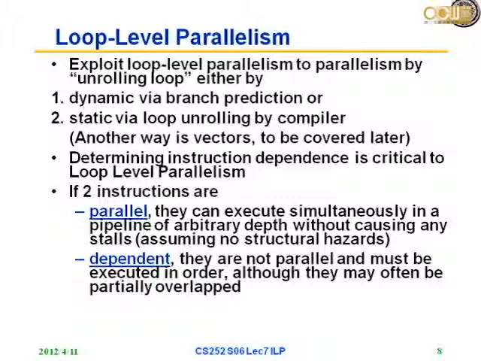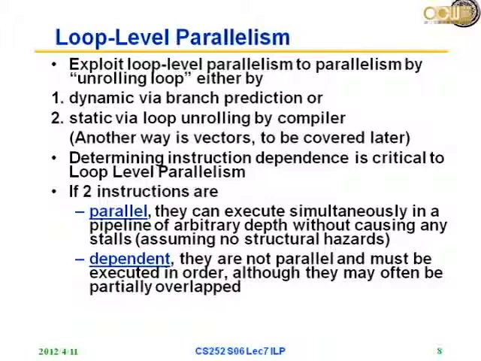If two instructions are parallel, that means they can execute simultaneously in a pipeline of arbitrary depth without causing any stalls. This definition is somewhat narrow. It says parallel means no dependence at all, so they can be executed simultaneously in a pipeline of arbitrary depth, can be 100 stages.